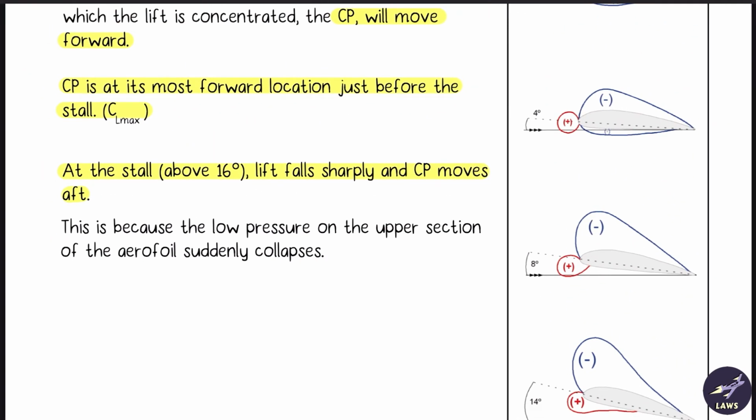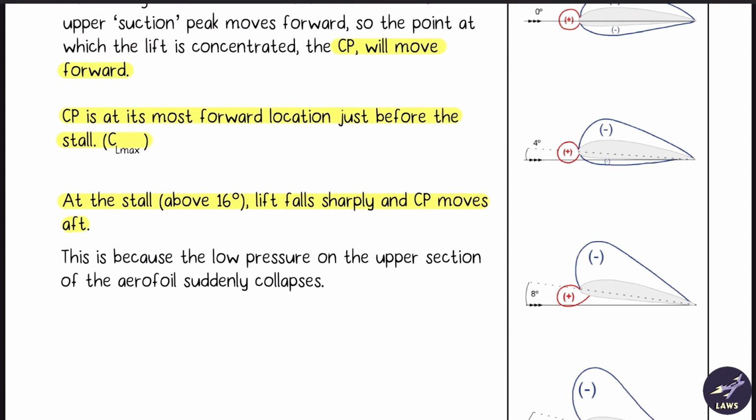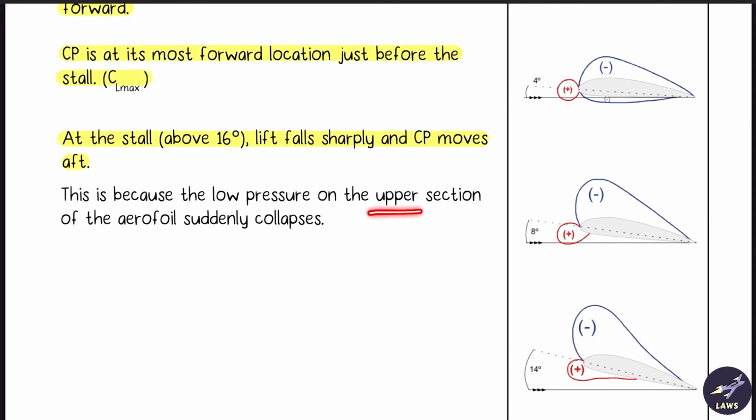There is no pressure differential here. So at the stall, that is above 16 degrees, lift falls sharply and CP moves aft. Aft means rearwards. This is because the low pressure on the upper section of the aerofoil suddenly collapses.